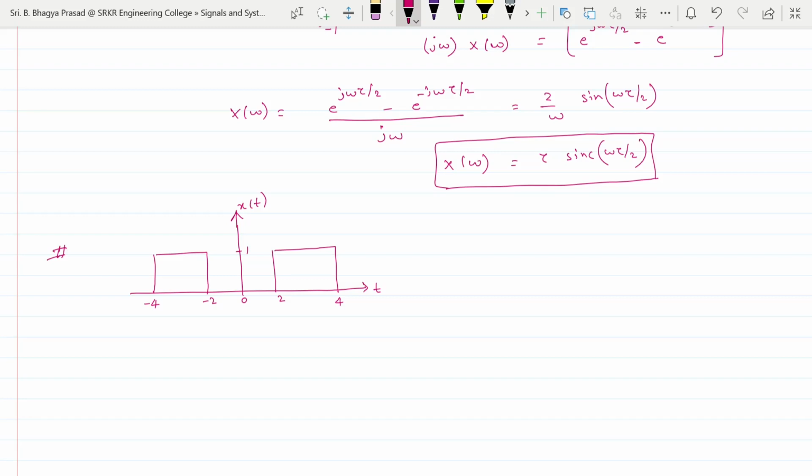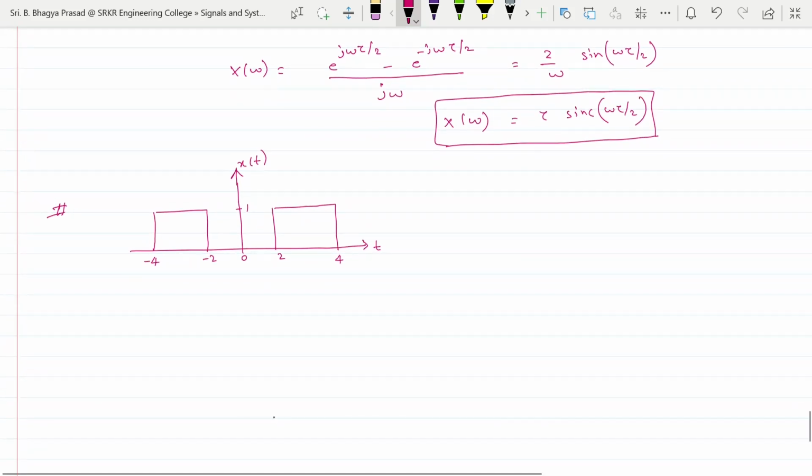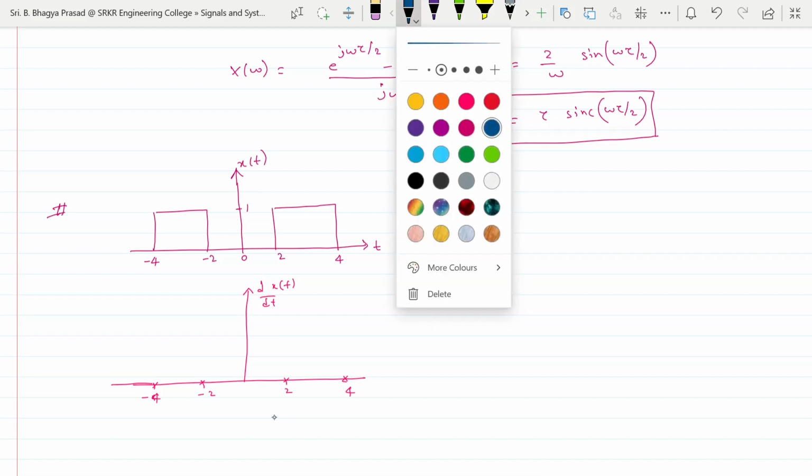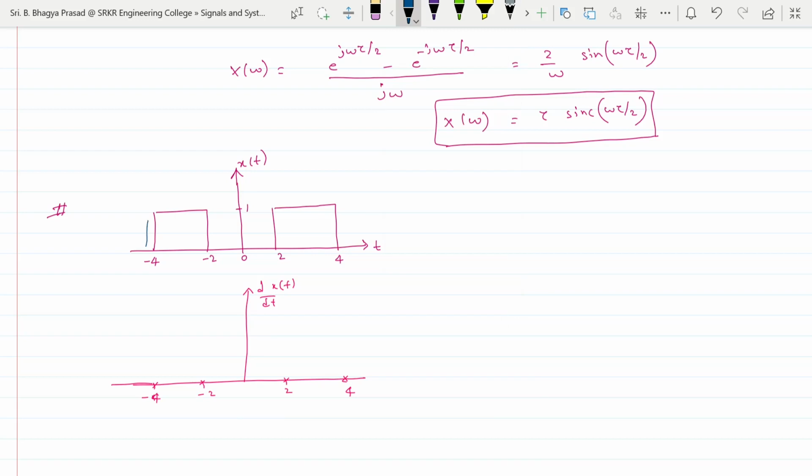So you can go for the traditional approach, or else you can go for the time differentiation property. So let me draw the derivative of x of t. It is minus 4, minus 2, 2 and 4. So there is a change of value at minus 4 from 0 to 1.